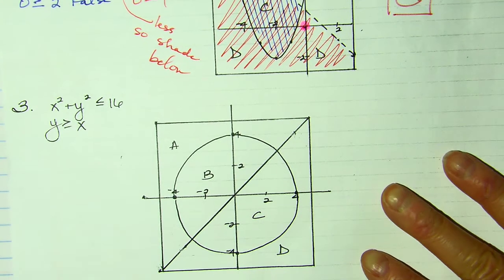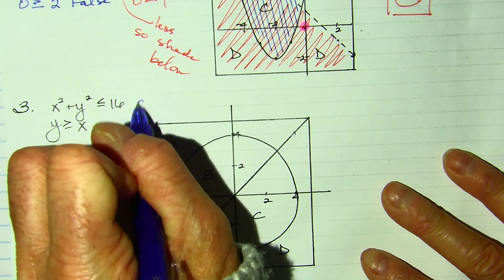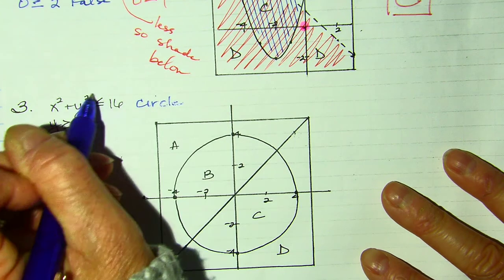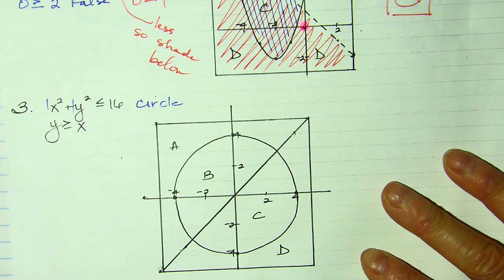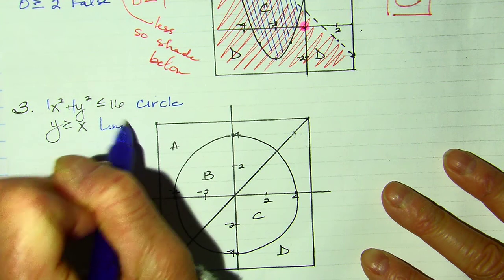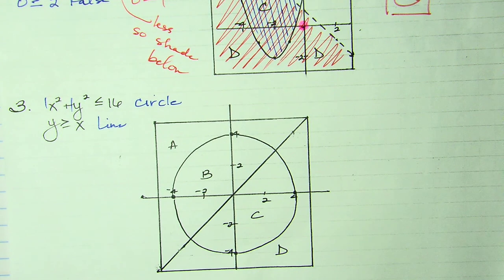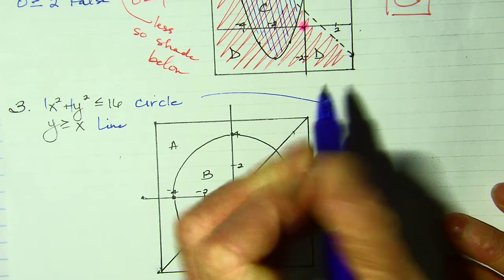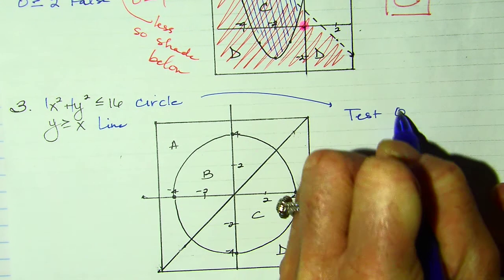Number 3. Whew. This is a circle because both are squared and there's an invisible 1 in front. The bottom is our line. So let's start with our circle. I'm either going to shade inside the circle or on the outside of the circle. Those are my only two options. So I'm going to test 0, 0.